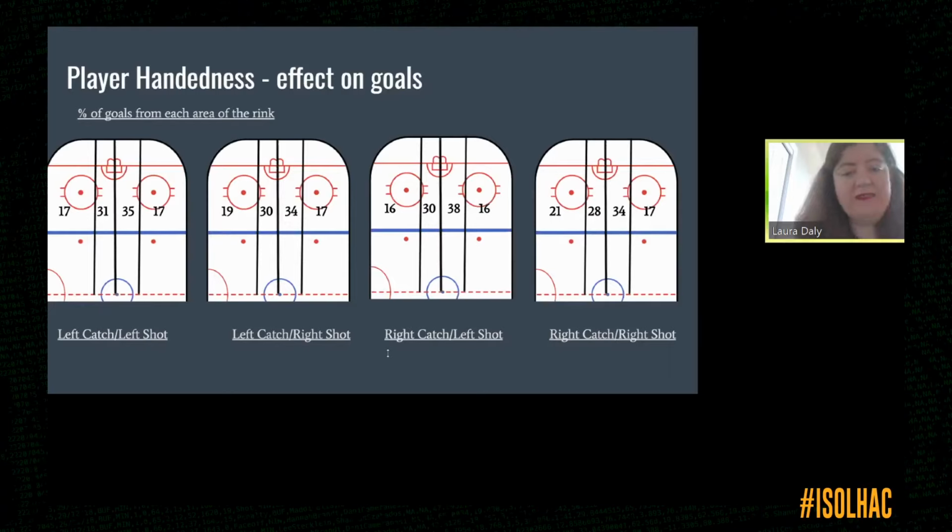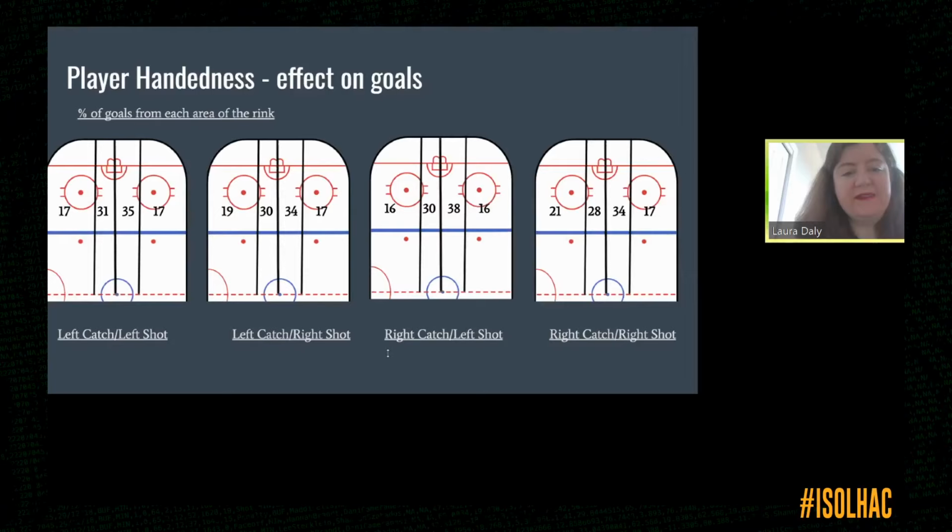And against, you know, the most left catch goalies, players don't come up against right catch goalies that often. So it's perhaps not surprising that they would not change their shooting patterns against right catch goalies. The strongest effect is for right catch against left shot, but it's pretty similar overall.